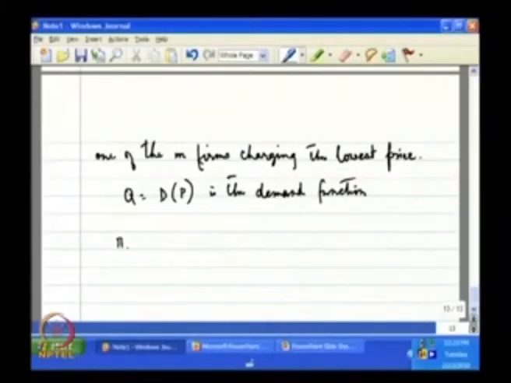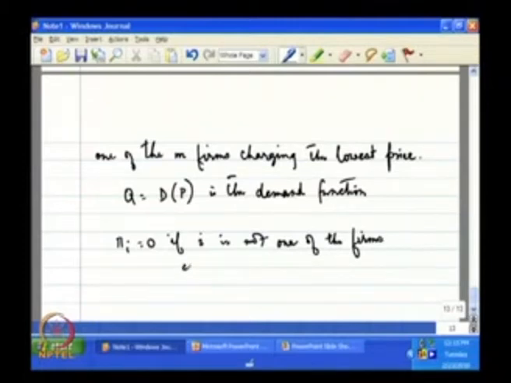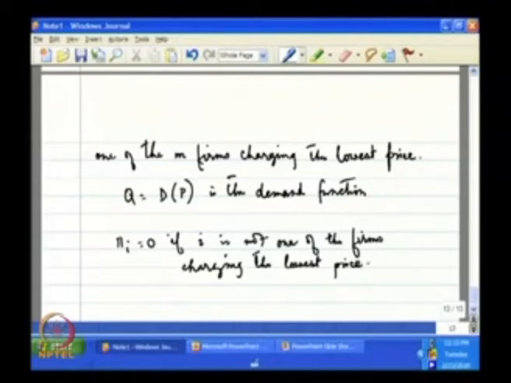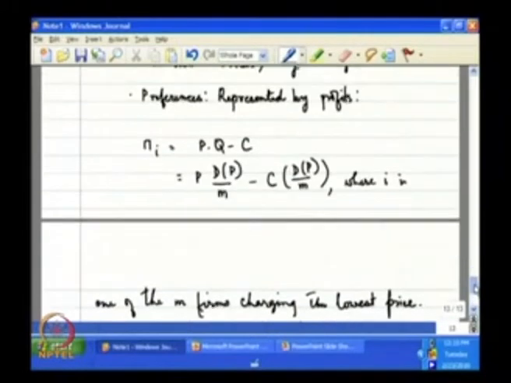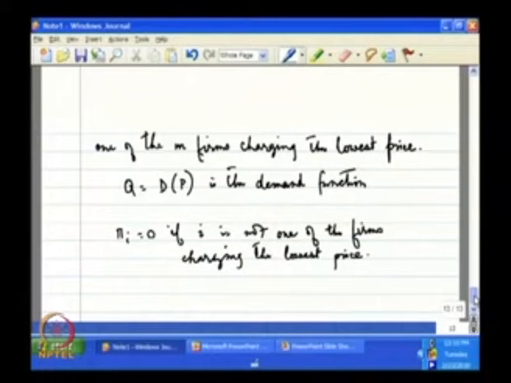If not, then what happens? Pi_i is equal to 0 if i is not one of the firms charging the lowest price.